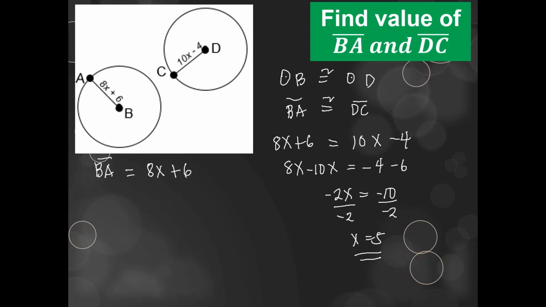Substituting the value of x, we have 8 times 5 plus 6. 8 times 5 is 40 plus 6 is 46. So since BA is congruent to DC, DC is also equal to 46.